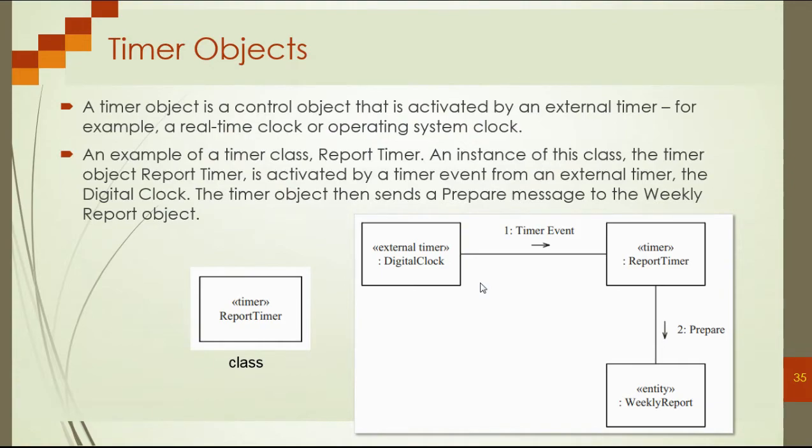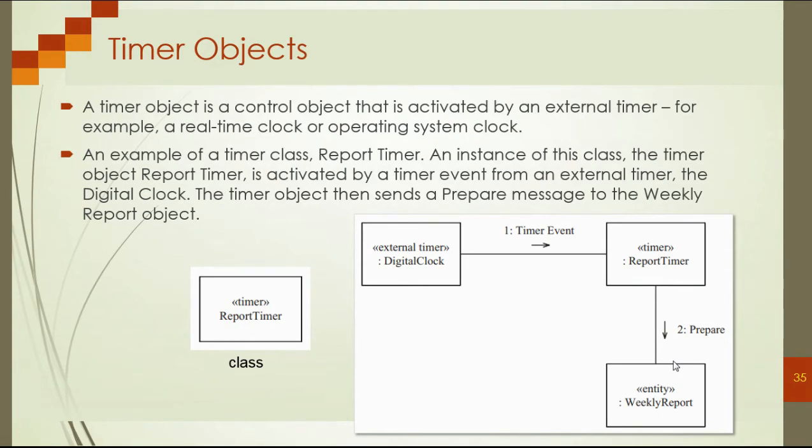For example, if you use the timer of the PC, or the timer of the system, which is the operating system clock, we create a timer object, and then based on this timer we can control another object or another operation.